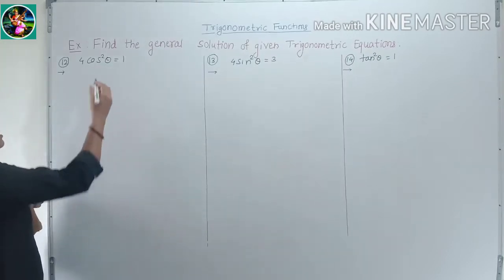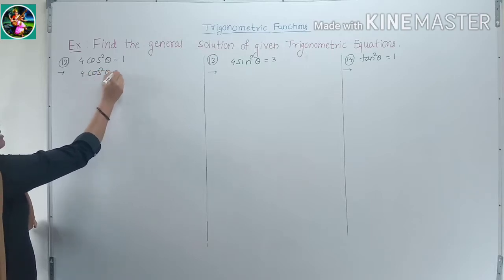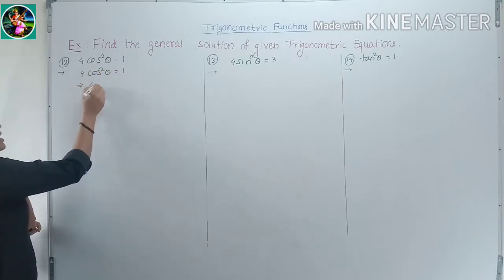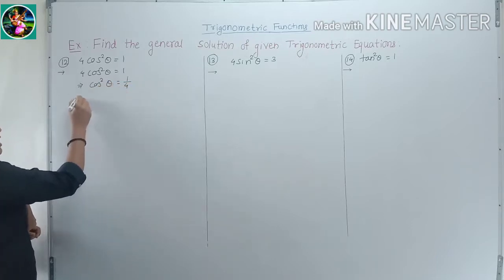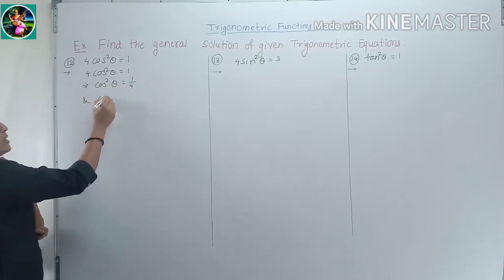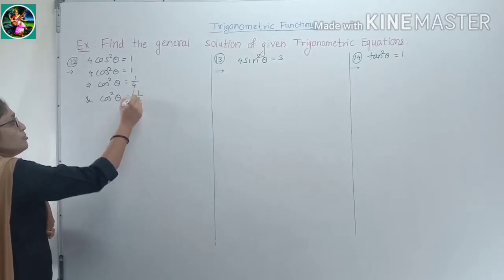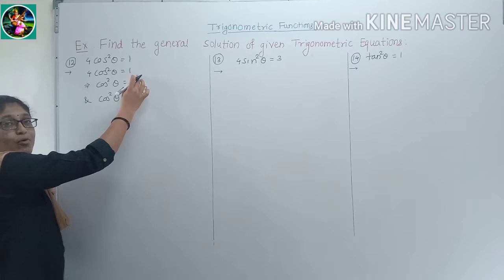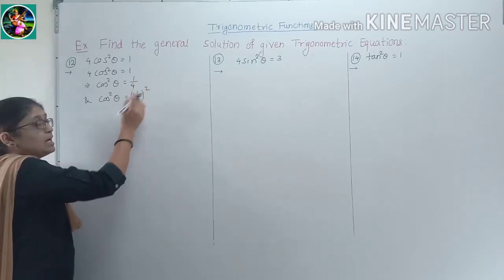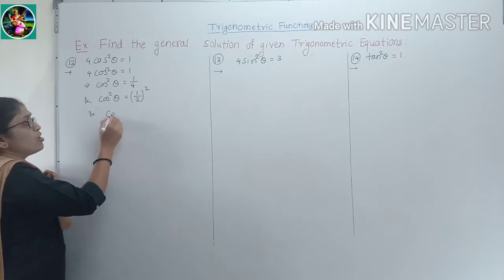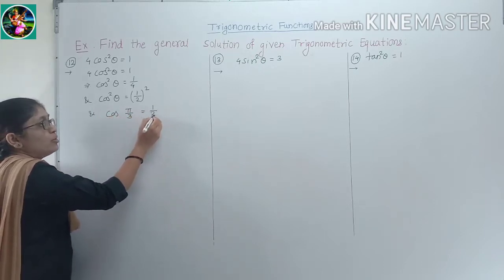Okay, we know that 4 cos square theta is equal to 1 gives that cos square theta is equal to 1 upon 4, and that is (1 upon 2) whole square, that is 1 upon 2 square, and cos of pi by 3 is 1 upon 2.